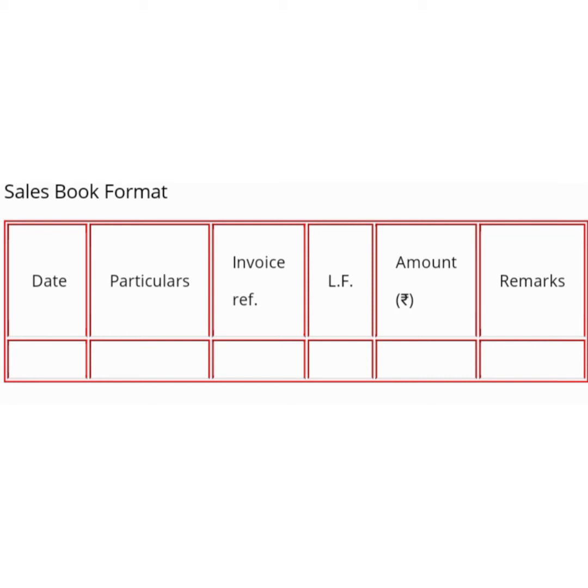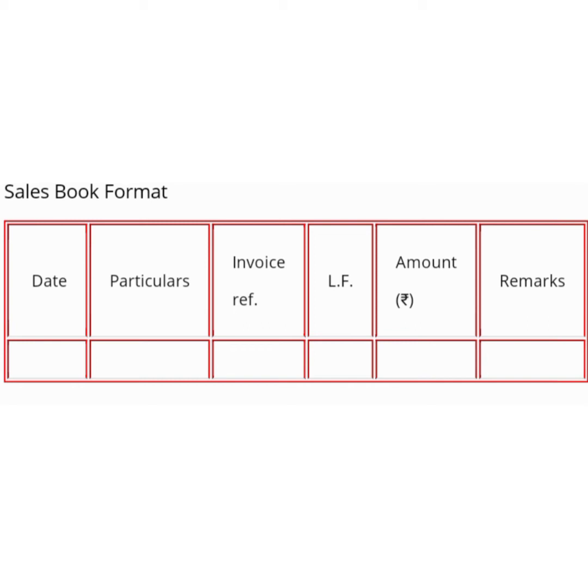It also shows the details of goods as regards their quantity, specifications, and also the rate of trade discount allowed. LF column shows the page number of the debtor's account in the ledger. The details column bears the net amount payable by the individual customers.